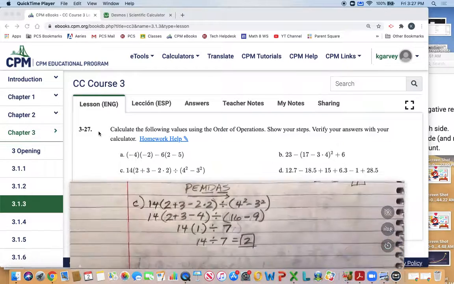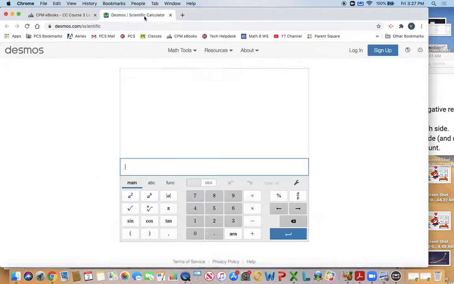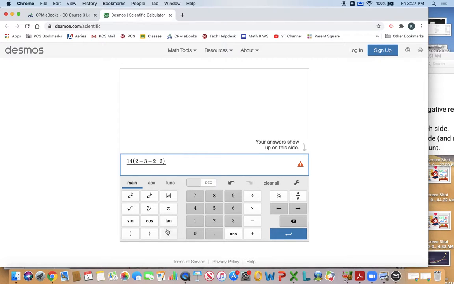All right, and we can check that by using the calculator that comes with CP/M. So we'll go ahead and put that in. 14 times 2 plus 3 minus 2 times 2 on the other side of the parentheses, and then divided by, and this is going to look a little different because they're using the line to show divided by.